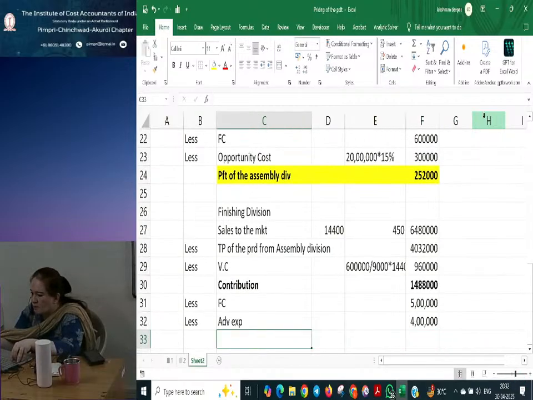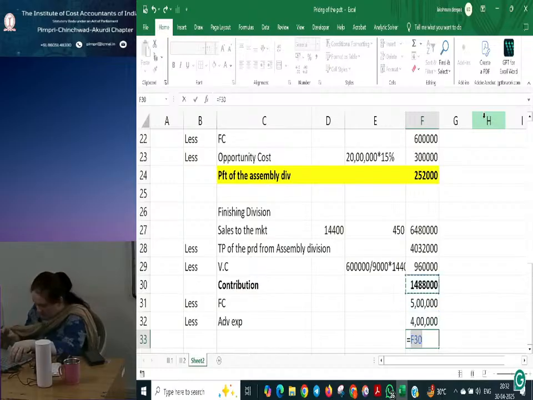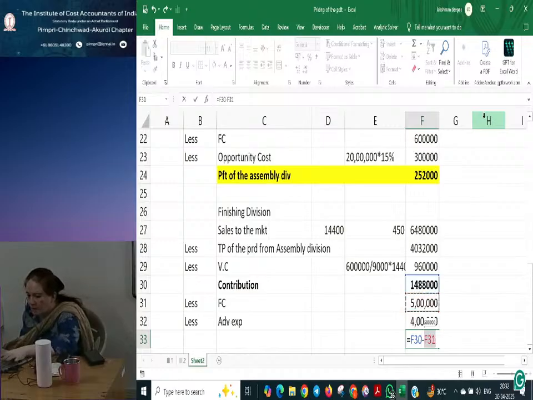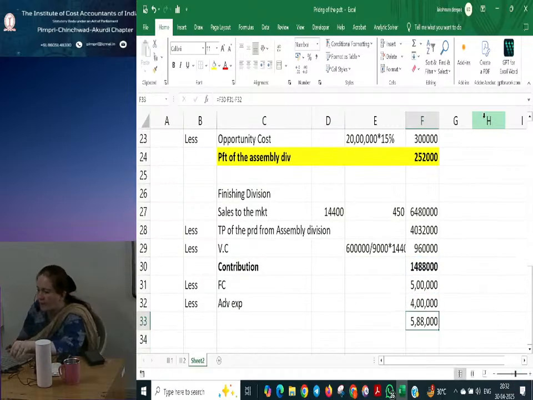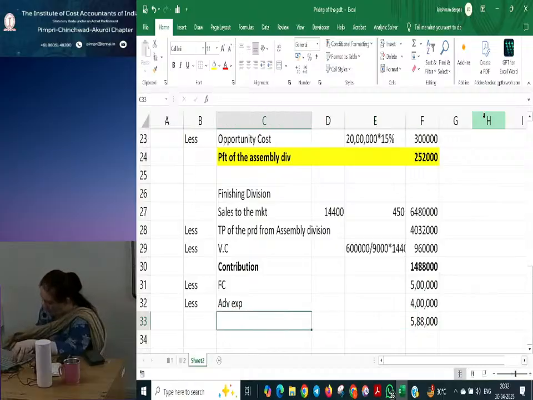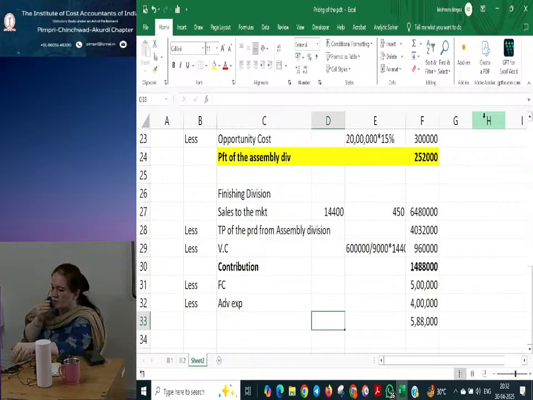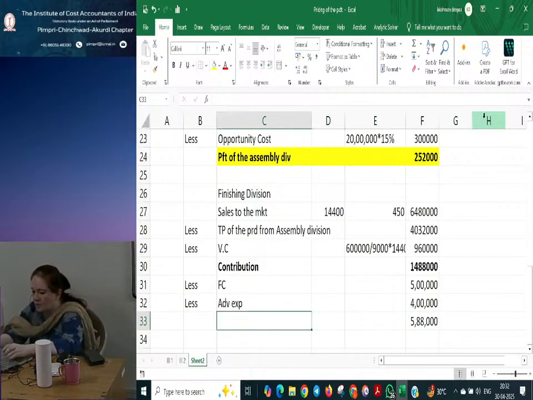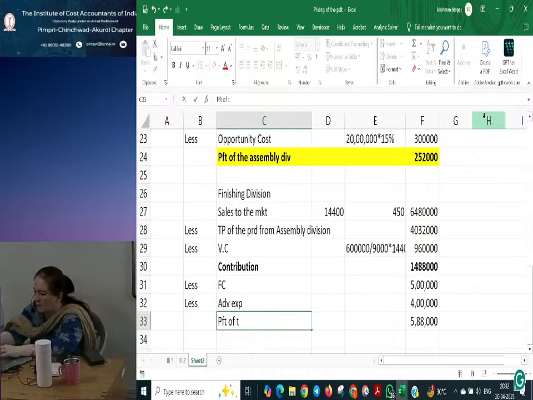So 5 lakhs minus, sorry, 14,88,000 minus 9,00,000, 5,88,000 is the profit for the finishing division.